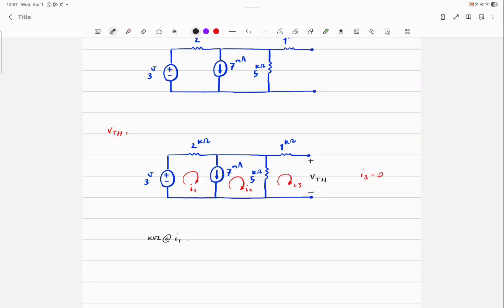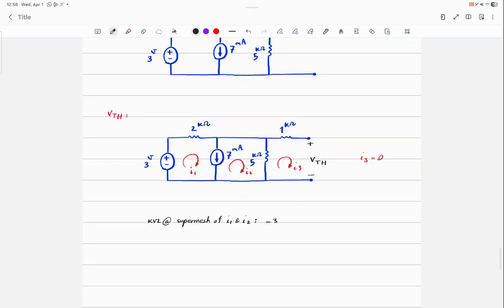Okay, so KVL at I1. -3 plus, I'm writing all the resistors in kilo ohm and currents are in milliamps. Sorry, I shouldn't have written that. I should write KVL at the supermesh of I1 and I2.